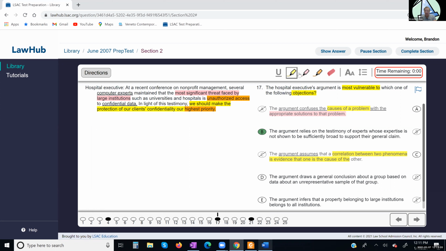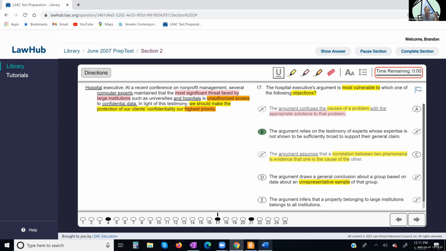Now, D is again about the unrepresentative sample. Discussed that earlier in one of the other explanations of this video. That's like switching from evidence of mothers to concluding about women. The evidence here was focused on hospitals, and this is a hospital executive, so we can say that that is a representative sample.